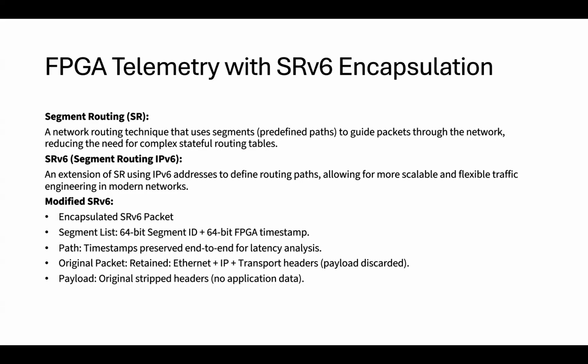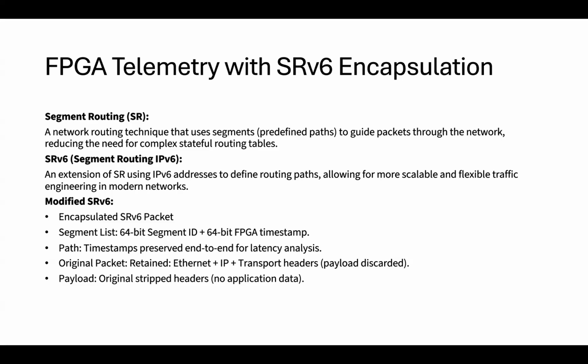What we've done is encode every segment ID into 64 bits and use the other 64 bits for an FPGA timestamp. One of the main use cases of FPGAs here is that they allow nanosecond-level timestamping and high-precision telemetry. So at every segment that the packet traverses, we collected the timestamps from all the FPGAs on the path.